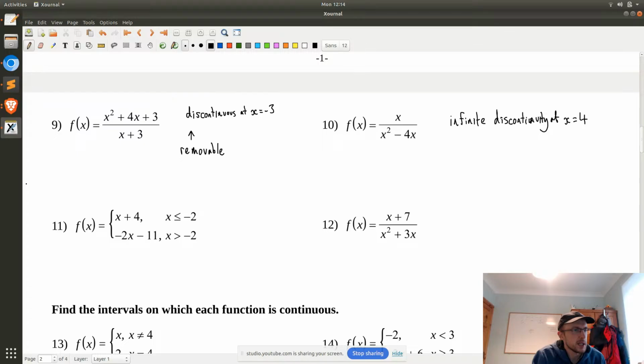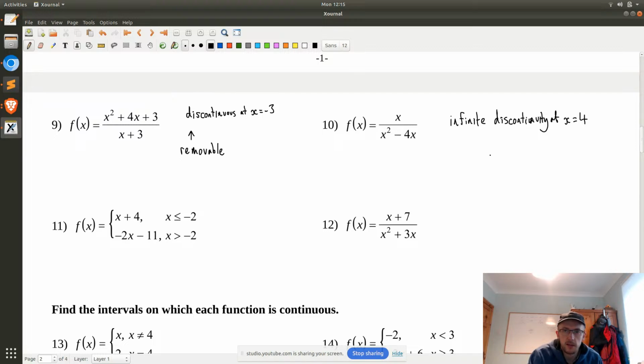But now we must check. Removable discontinuity at x equals -3. Okay, that's true. Removable discontinuity. All right, so this is pretty appalling. I didn't check for that. It is an infinite discontinuity at x equals 4. But remember at x equals 0.